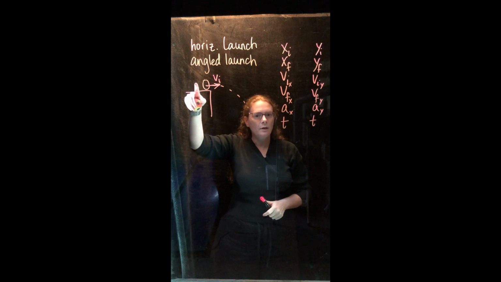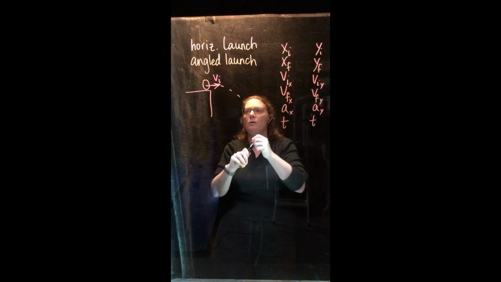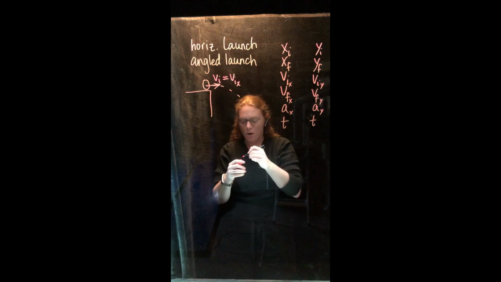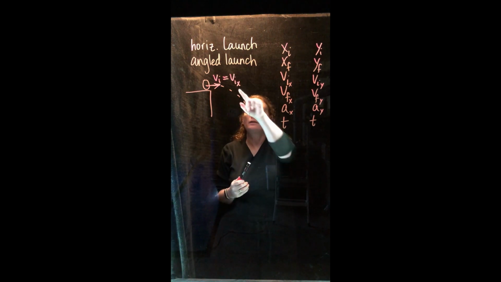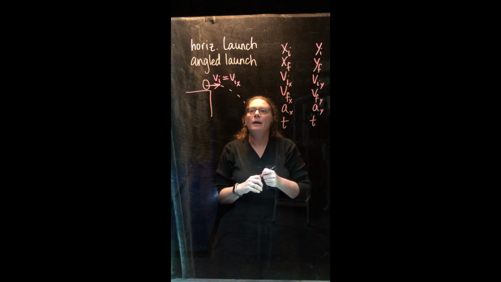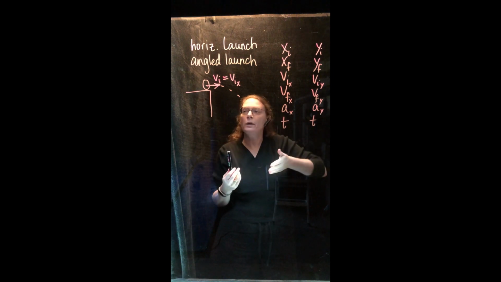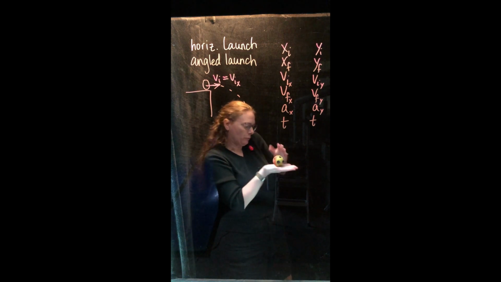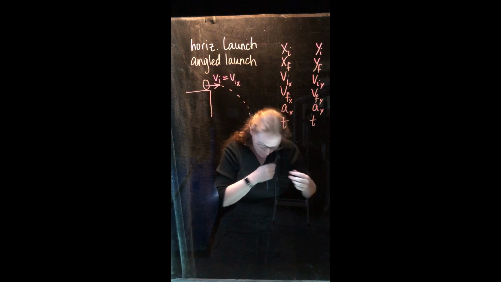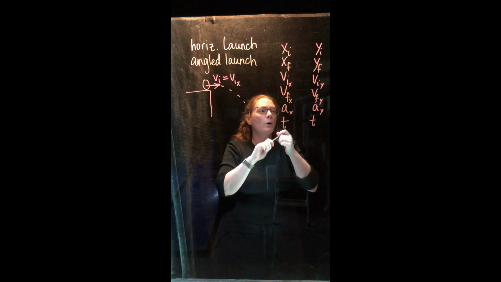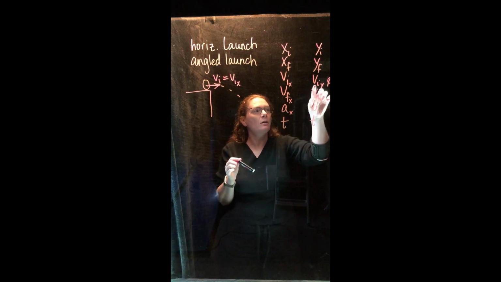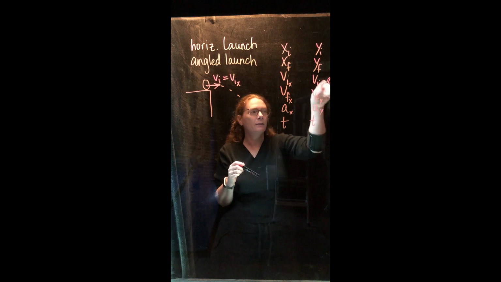What's true in the horizontal case? Well, all of the initial velocity is horizontal. So all of that initial velocity is Vix. That means there's no up and down component at the start. So when it just gets fired off, there's no up-down portion to it, which means that the initial vertical velocity is 0.